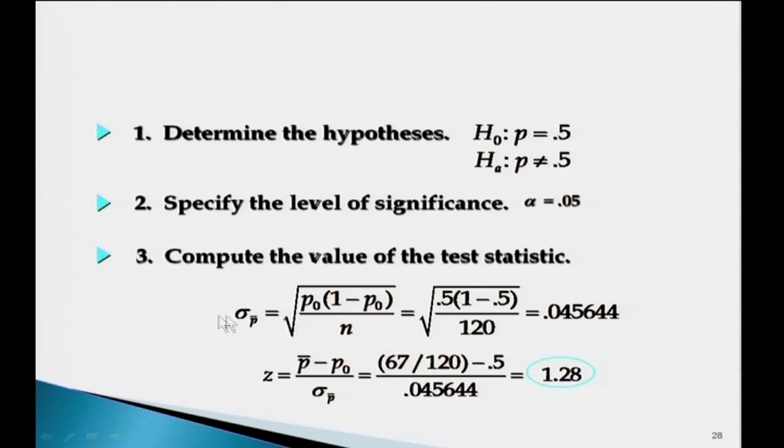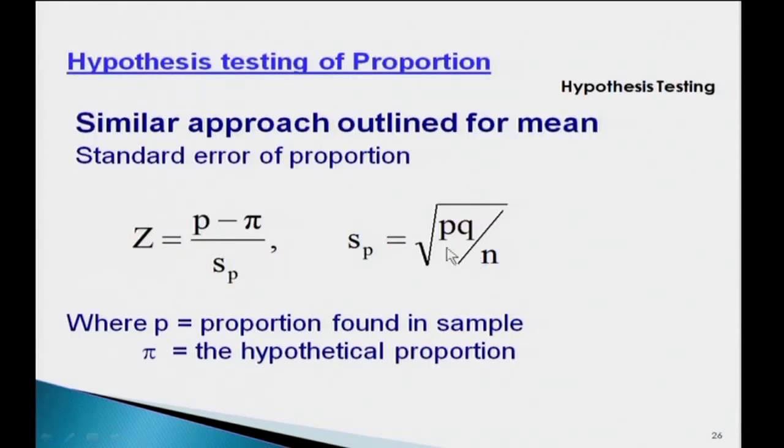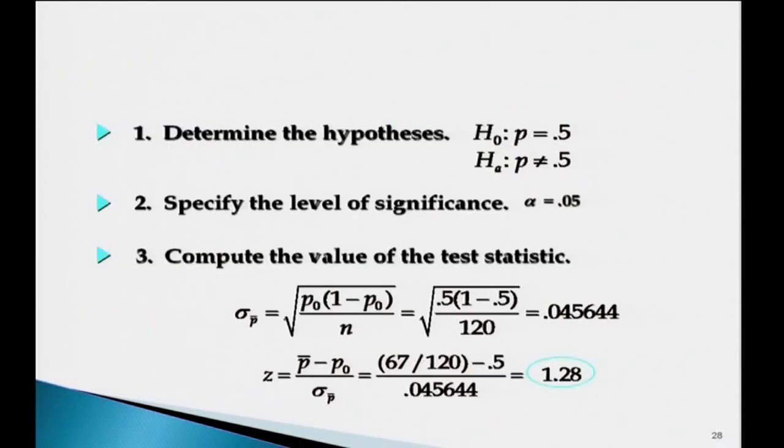While calculating standard error, when we are saying p into 1 minus p, pq by n, since here population proportion information is available, population proportion expected is how much? As per the NSC, that expected is 50%, that is available. We can use that here.